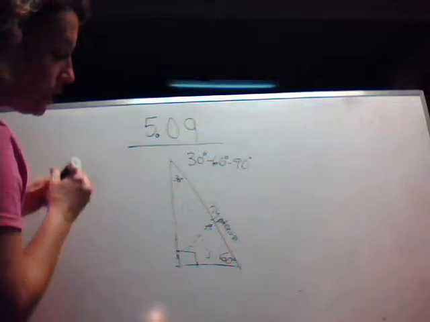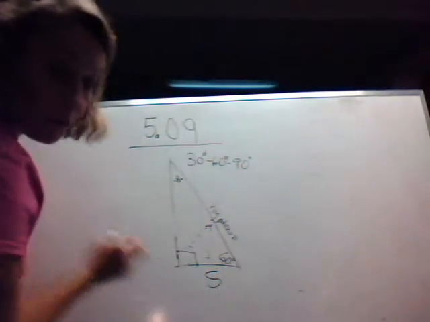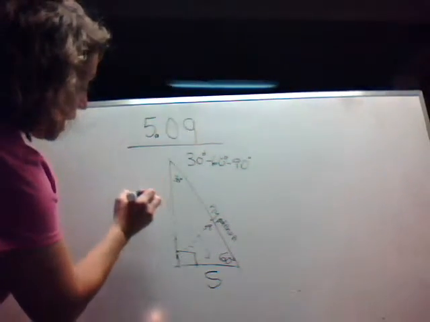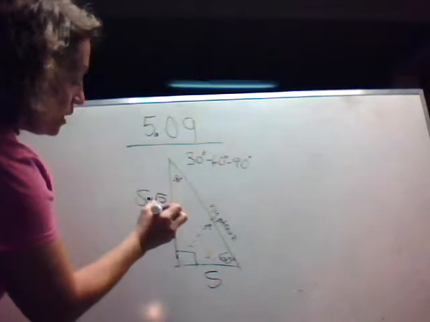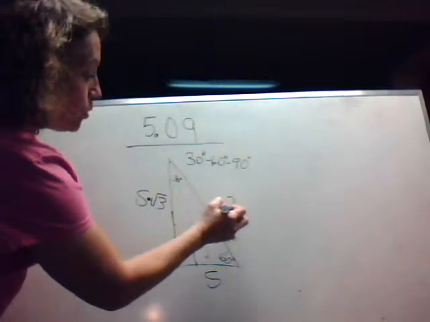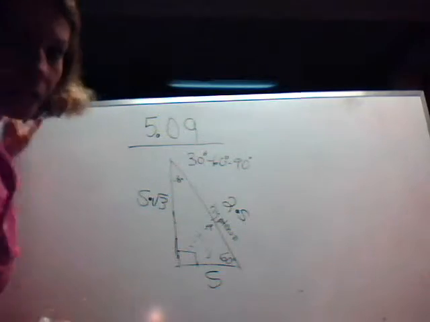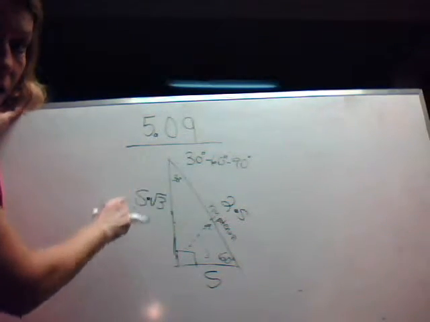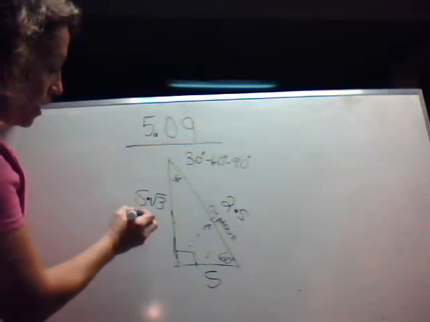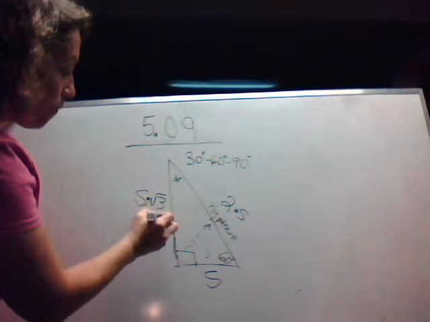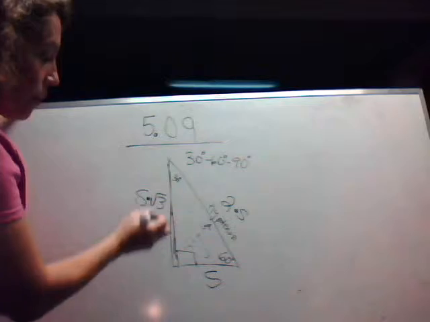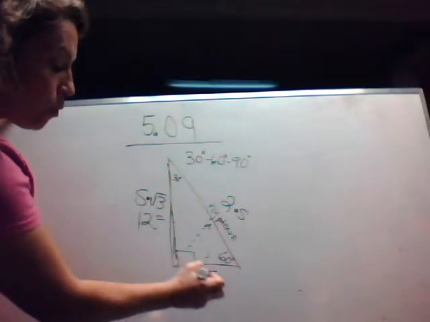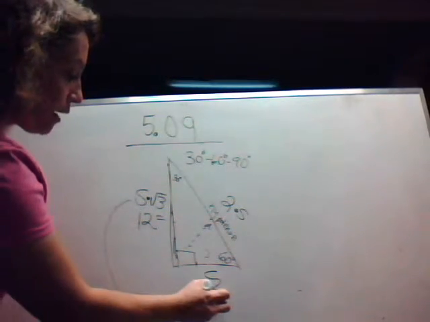We know the ratio is S for the short leg, S times the square root of 3 to get the long leg, and 2 times S to get the hypotenuse. So, if we're given the long leg, let's say the long leg is 12. This side is 12. We have to go backwards to the short leg.